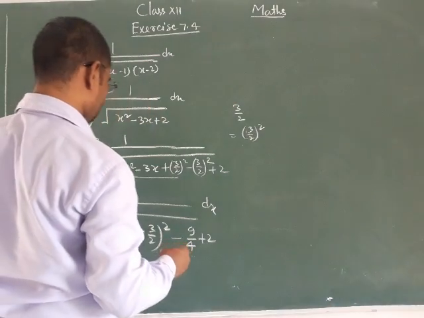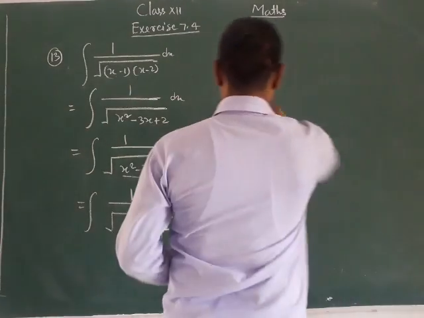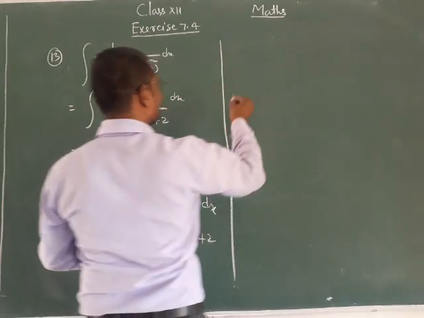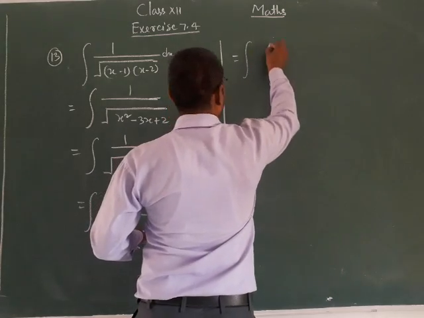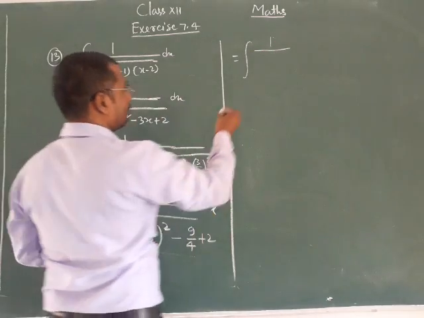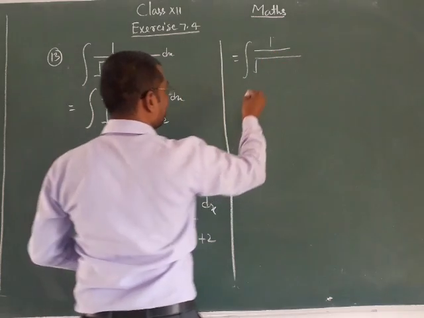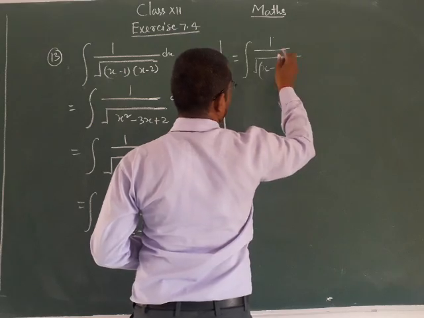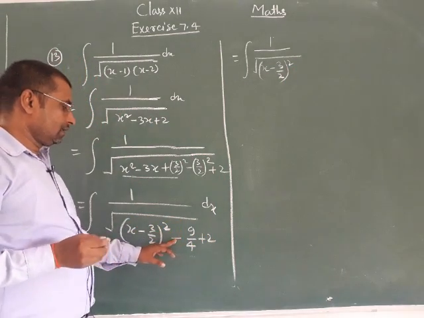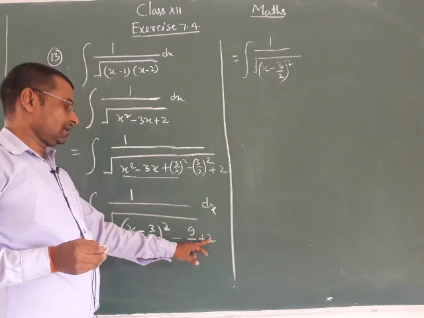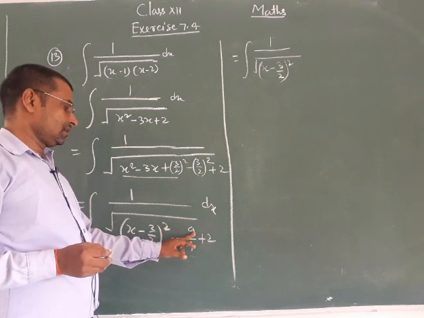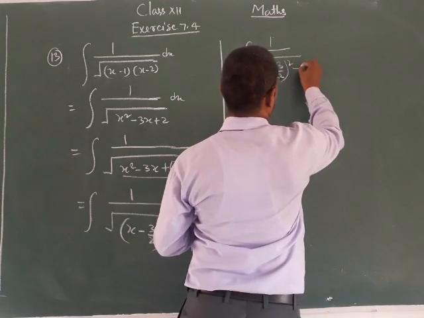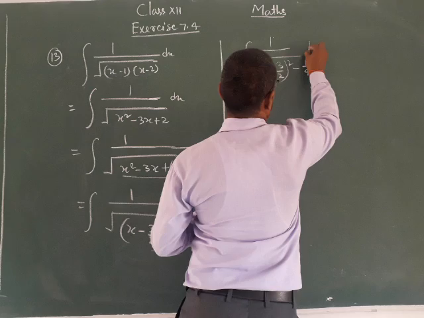So dx. Also, you can write integral of 1 upon root of (x minus 3 upon 2) whole square, and 4 2s are 8, plus 9 over 8, minus 9, is equal to 1 by 4, minus 1 by 4, dx.